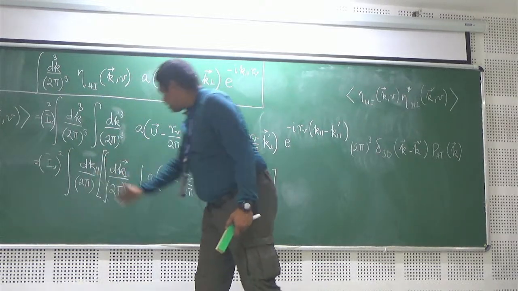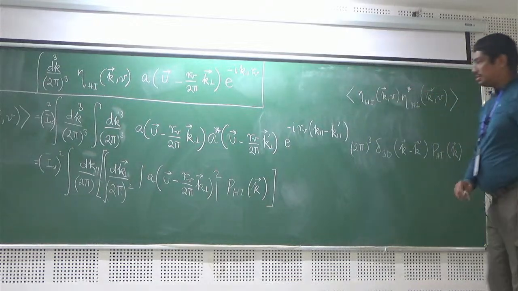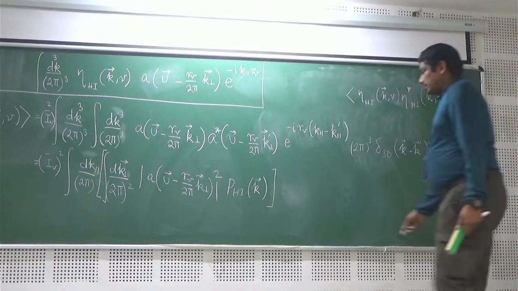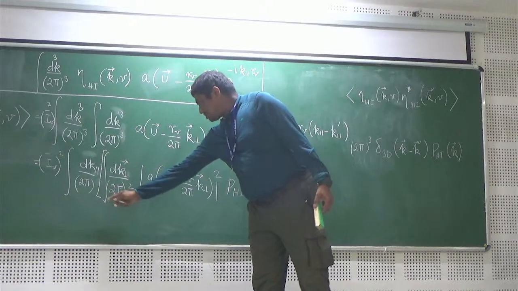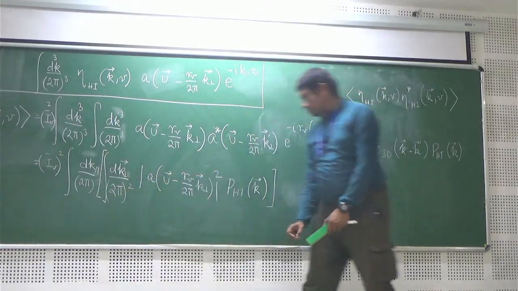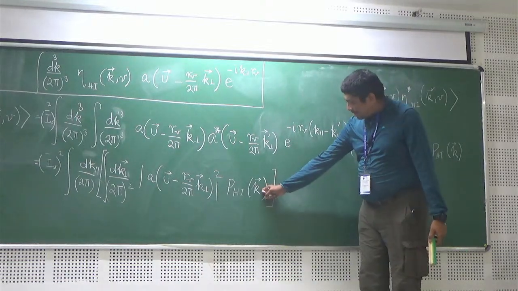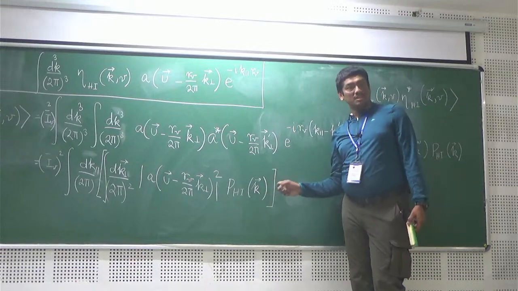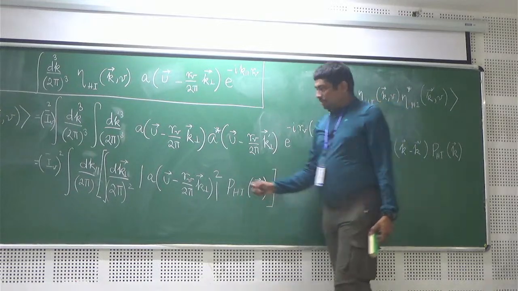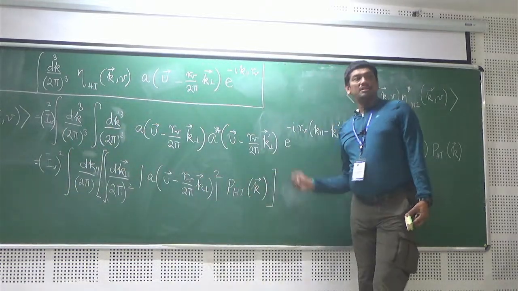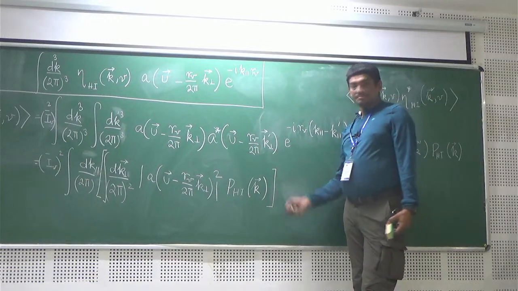So let us look at the things within that square bracket and outside, separately. This entire thing in the square bracket is a function of u, and there is a K parallel inside this. Because this k is k perpendicular and k parallel both. What this integral is doing is integrating over all possible k parallel.